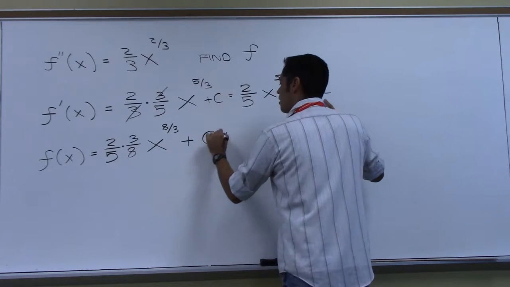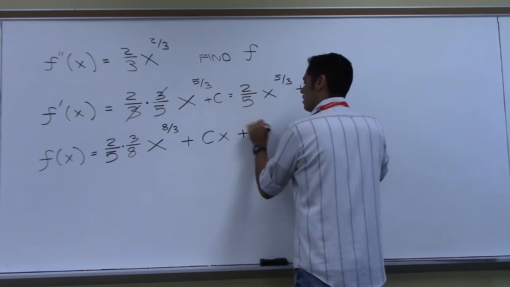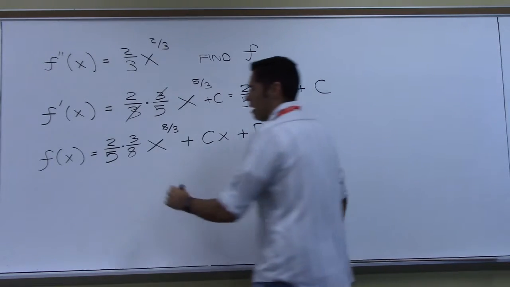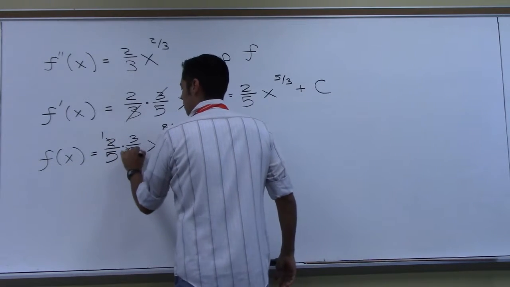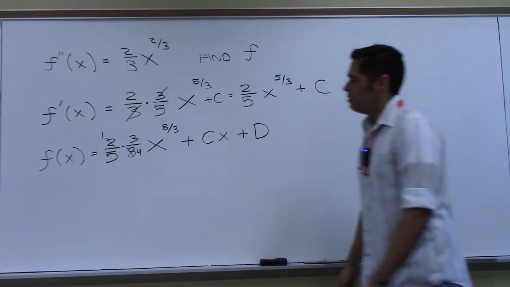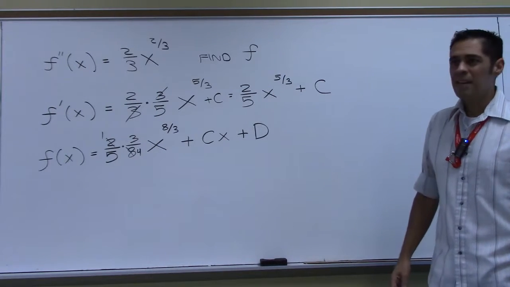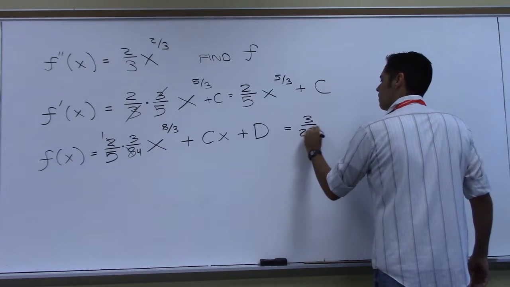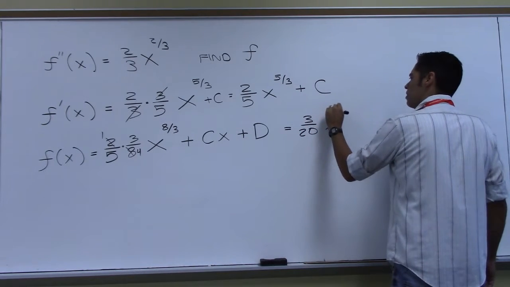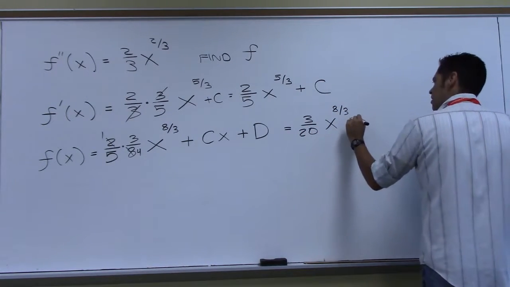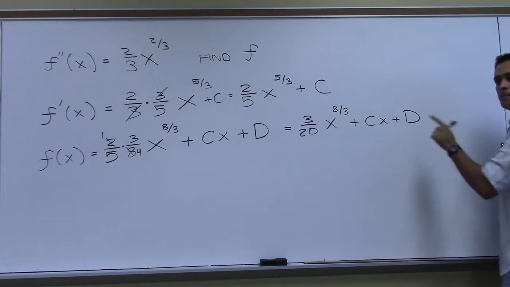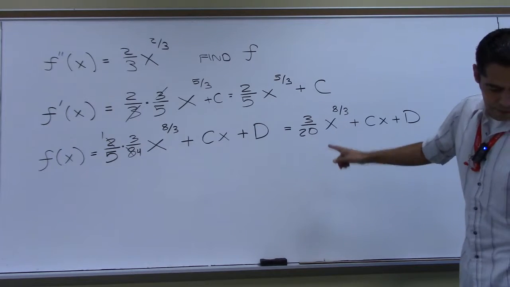And then we have another constant of integration, which I'll call d. And then just resolve the number out here: 2/5 times 3/8 is 3/20. So you have 3/20 x to the 8/3 plus cx plus d. That's number 19.